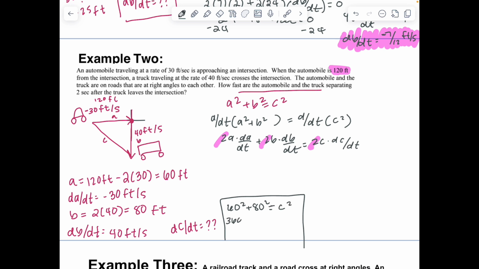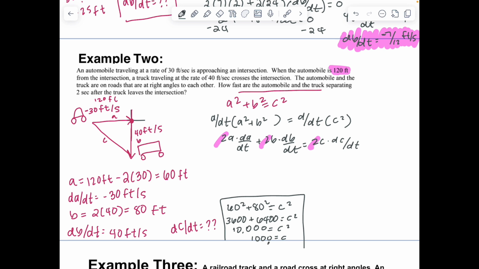60 squared is 3,600. 80 squared is 6,400. That equals c squared. That comes out to be 10,000 equals c squared. So that would mean that c squared equals 1,000. I'm going to check that real quick. Or is it 100? It's probably 100. 1,000 doesn't really make sense, does it?